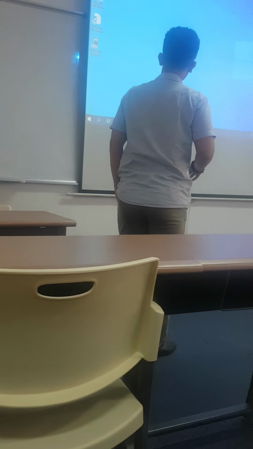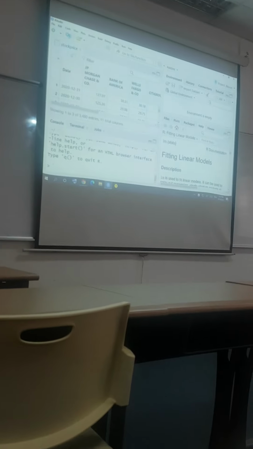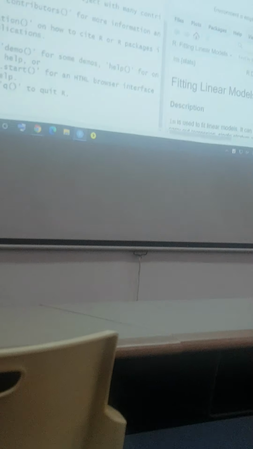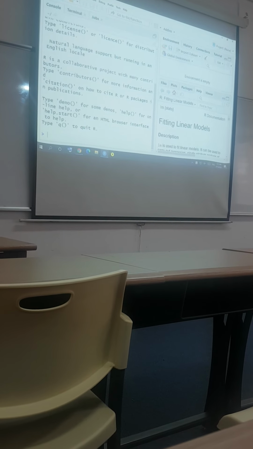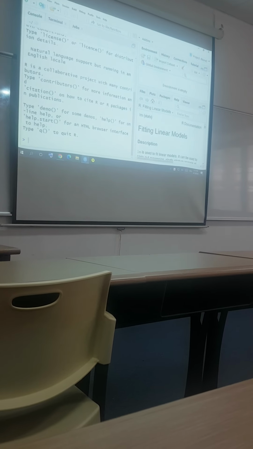Okay, so just look at the screen. Let me show you how to input the data set to RStudio. You can open RStudio to see that. In order to add the data sets, listen guys.